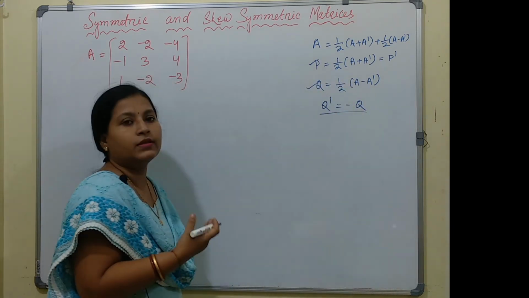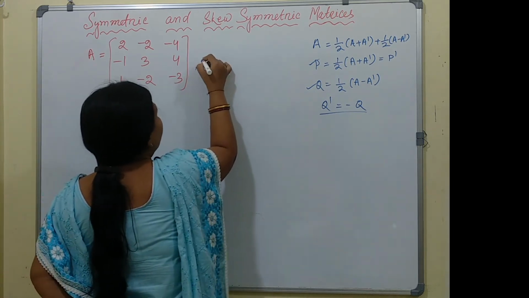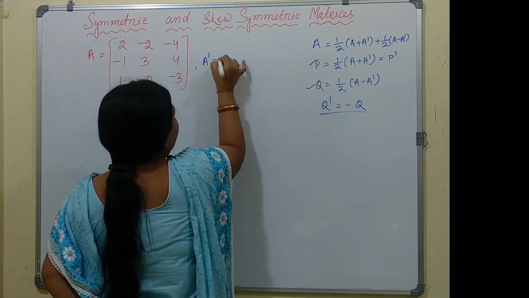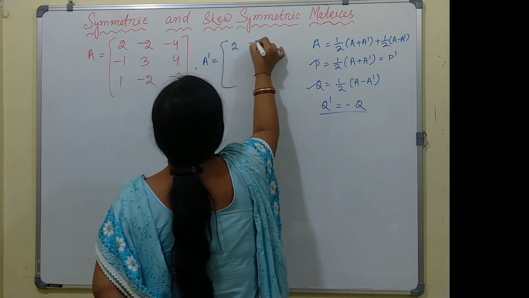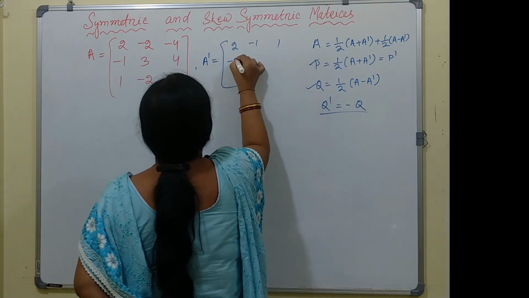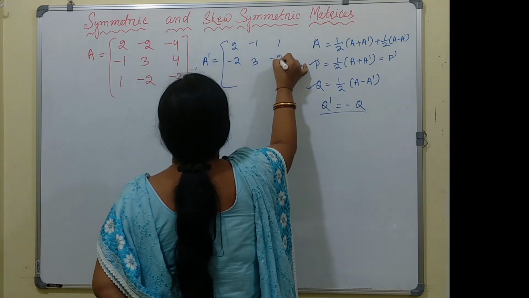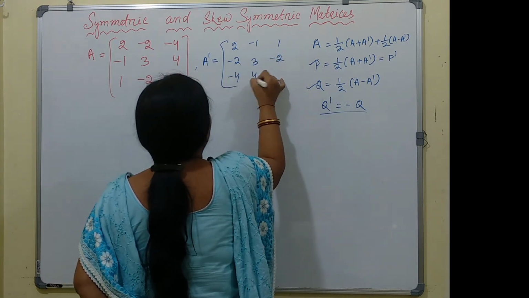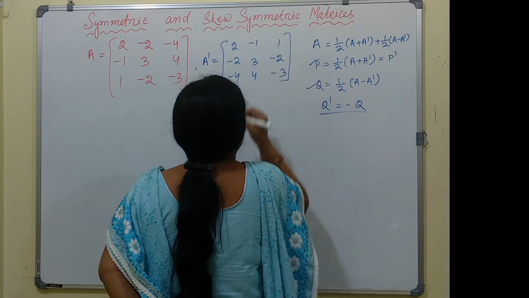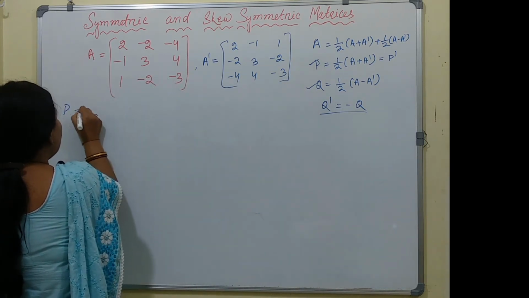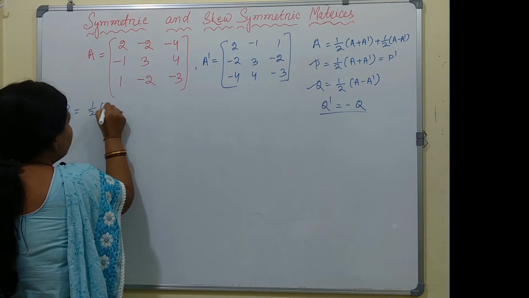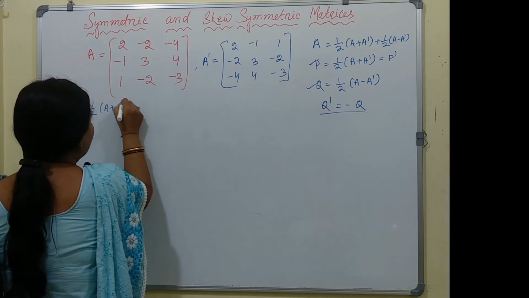Let us prove this. First of all, we will find the value of A dash. So A dash is equal to 2, minus 1, 1, minus 2, 3, minus 2, minus 4, 4, minus 3. We get here A dash. Now P is equal to half whole into A plus A dash.